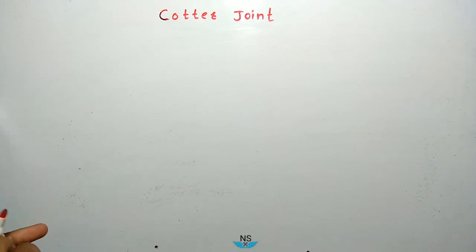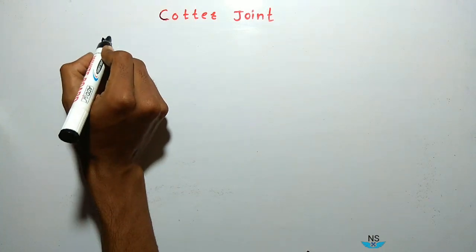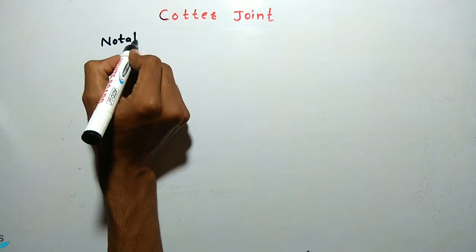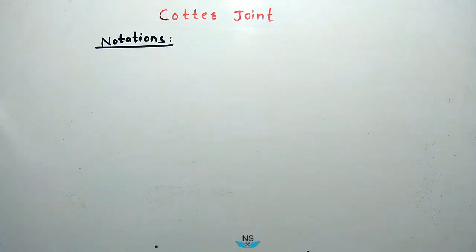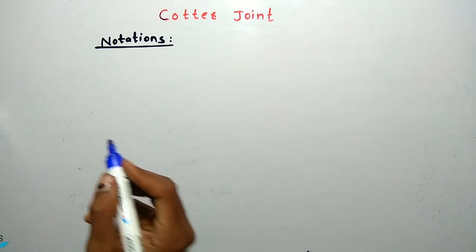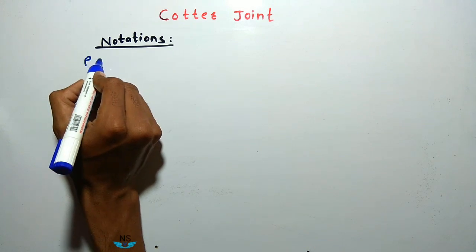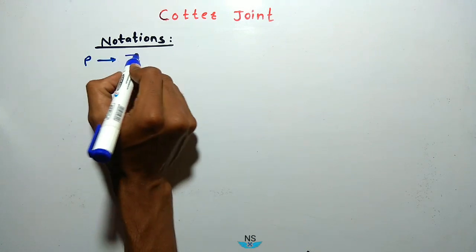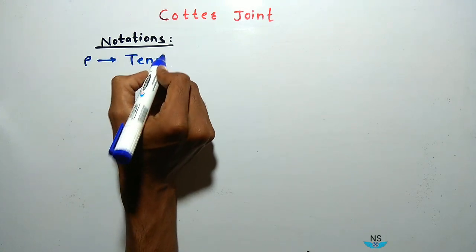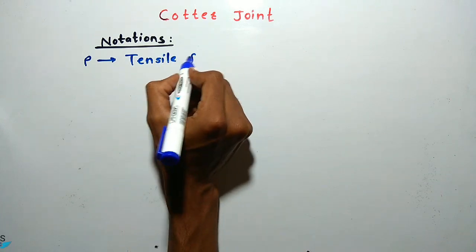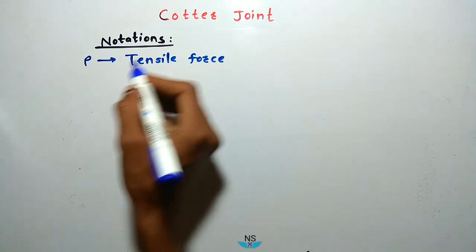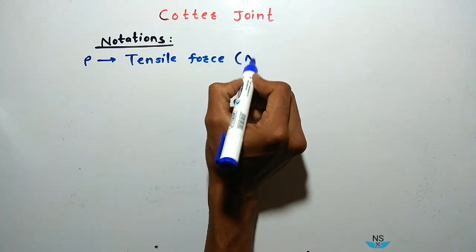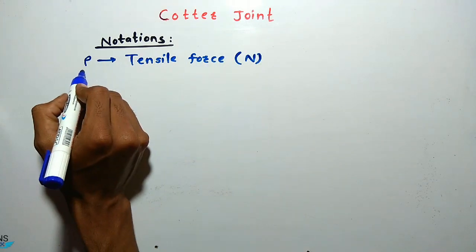Now let us see the notations. Which notations do we have to use in the cotter joint? We have seen in the diagram. P is the tensile force, in Newton.